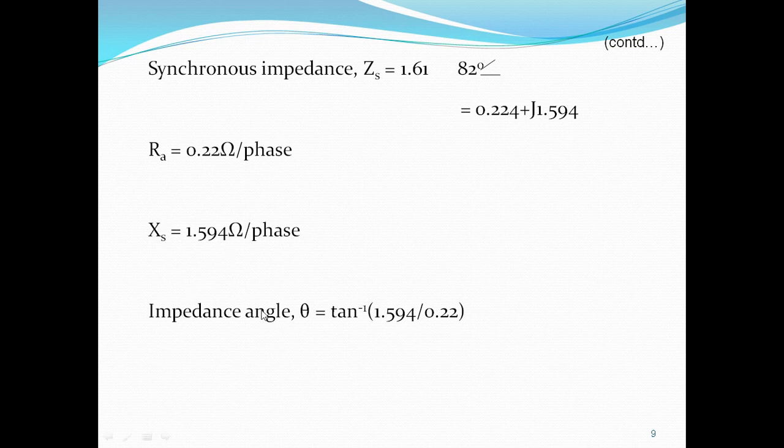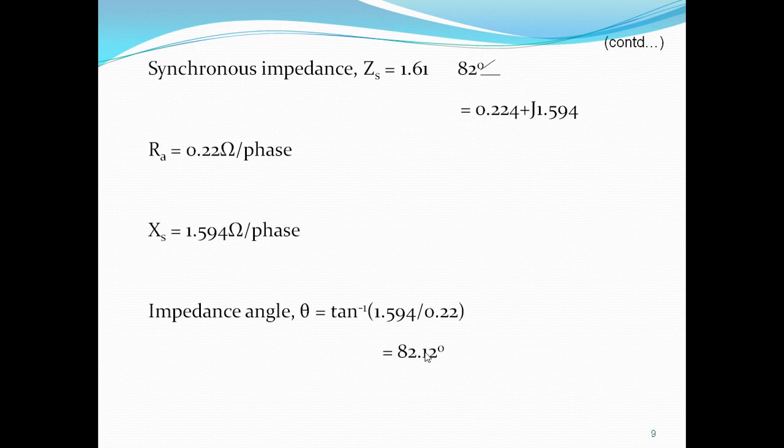So impedance angle theta is equal to tan inverse of 1.594 divided by 0.22. So this is the impedance angle theta, whose value is equal to 82.12 degrees.